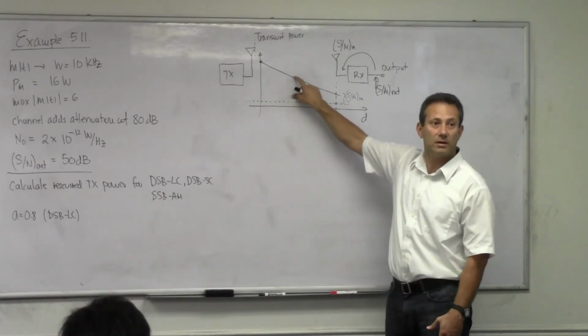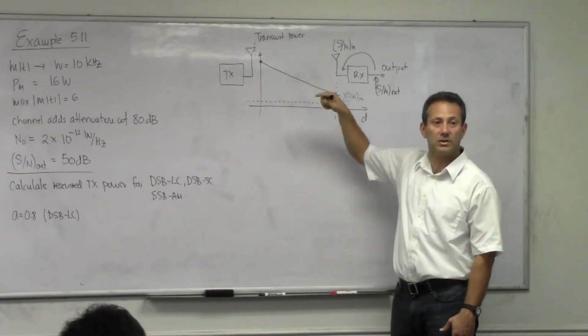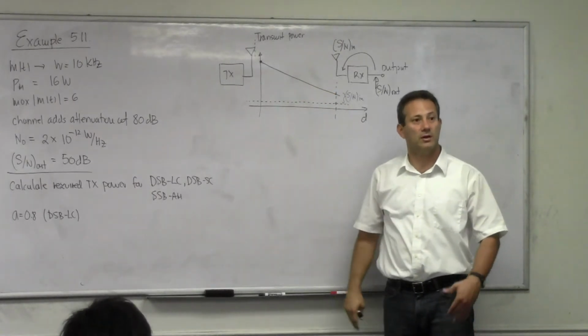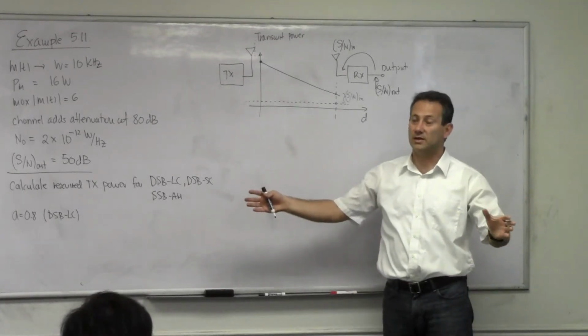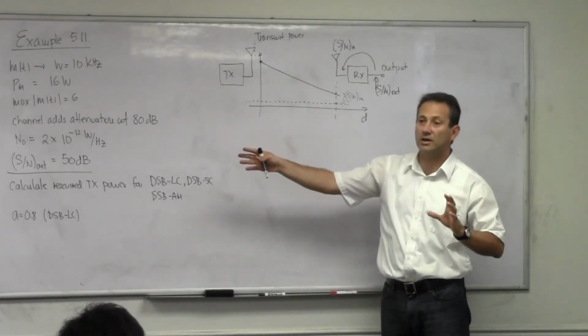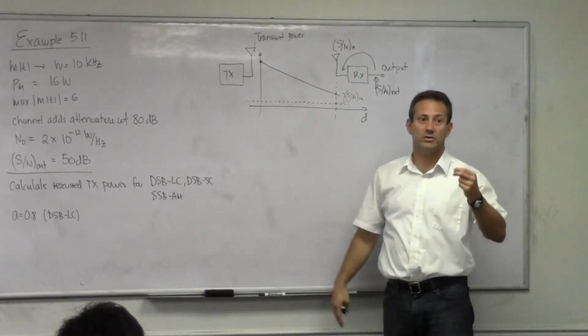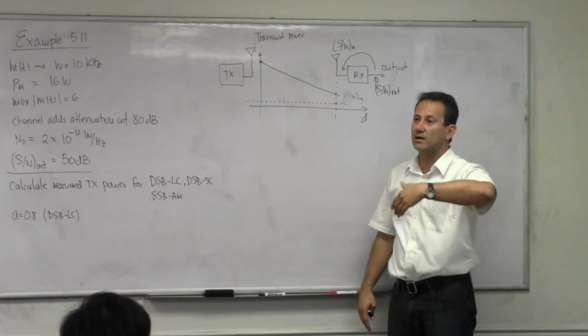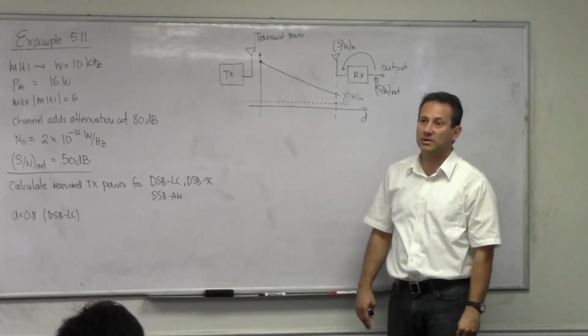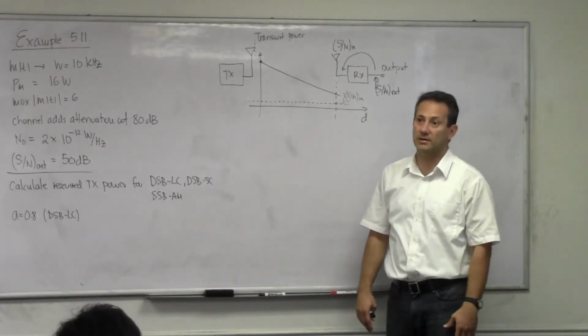And then you travel, and eventually this signal to noise ratio degrades to the point where you have no reception anymore. And that's the boundary of your coverage, right? That's why these calculations are extremely important, because they help us find the limit of the communication. How far can I separate the transmitter and receiver before I lose my signal?